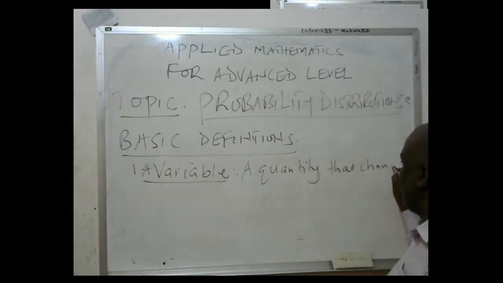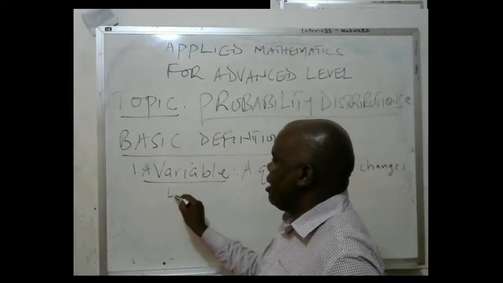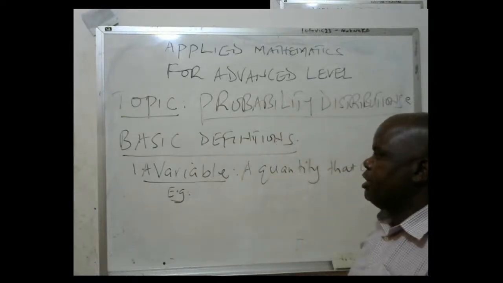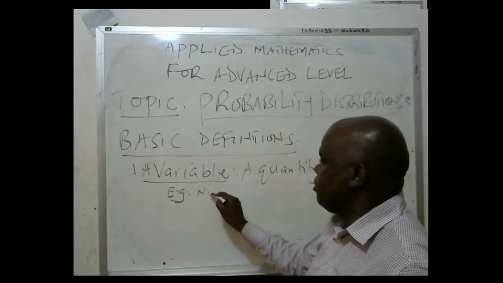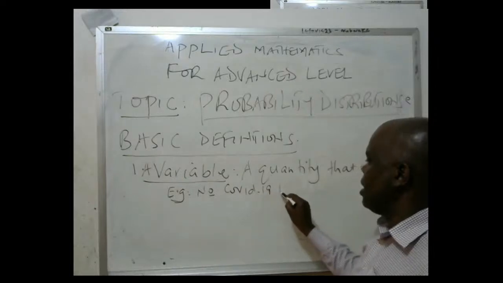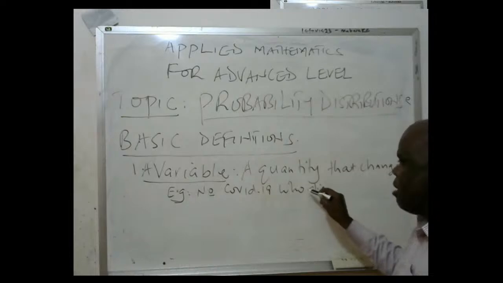Now, if it's a quantity that changes, then we can have a number of examples of a variable. For example, the number of COVID-19 patients who die. And you see, this quantity, this number keeps on changing.